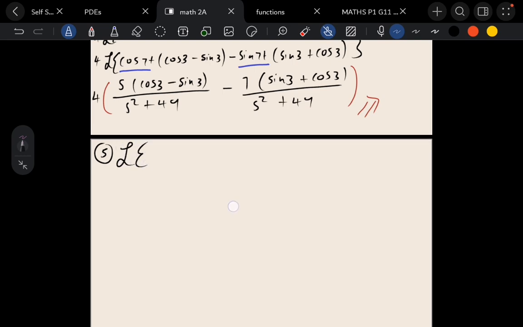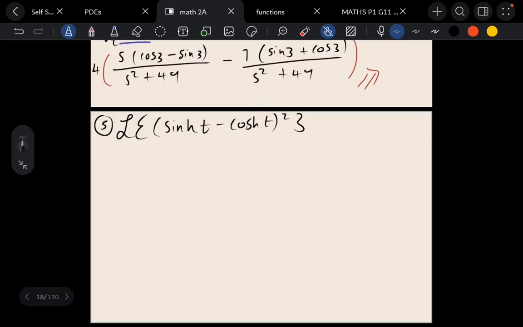The Laplace transform of (sin t minus cos t) squared. The procedure that I'm going to use is to write down the definitions of each.